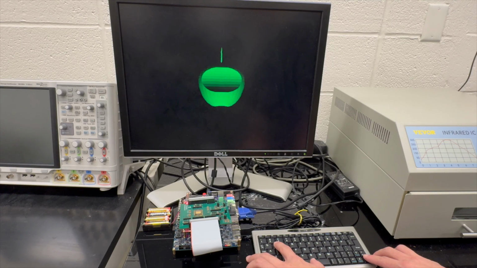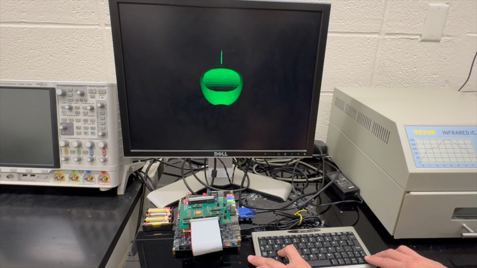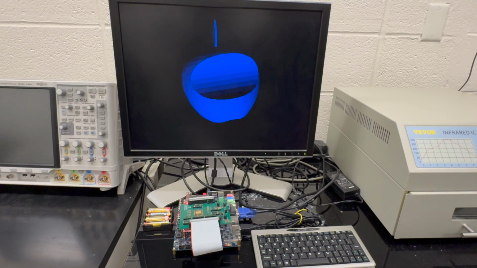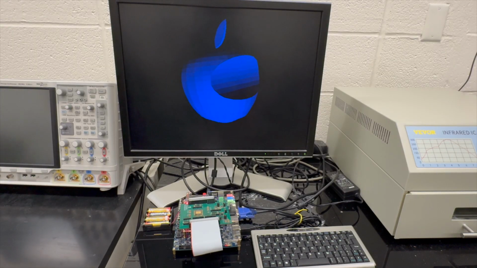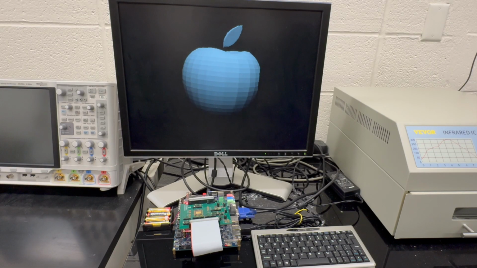And translations. Real-time color changing is also supported. So this is the blue one. If we turn on all the 3 RGB channels, we can get the white apple.